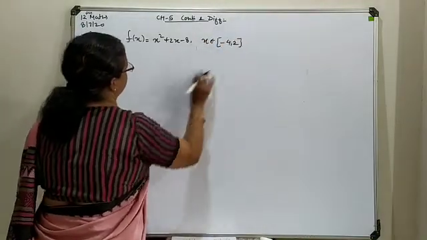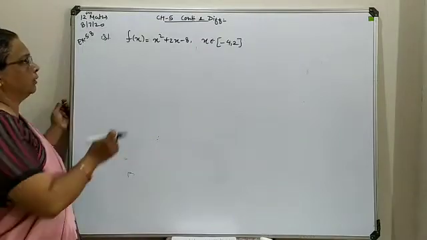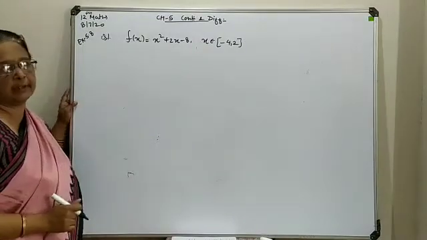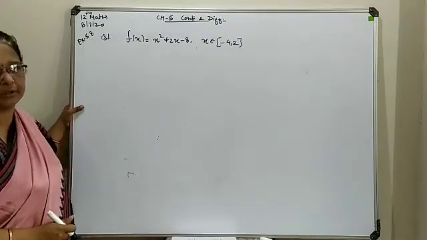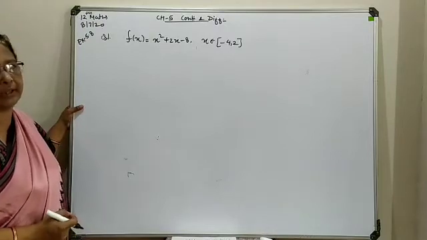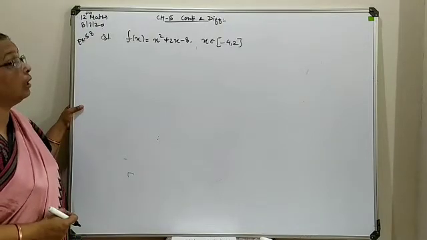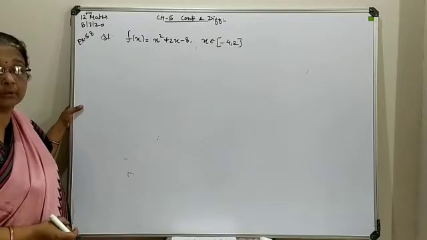Here x belongs to the closed interval [-4, 2]. From the given function it is very clear that it is a polynomial form, so obviously it will be continuous as well as differentiable on the given interval.